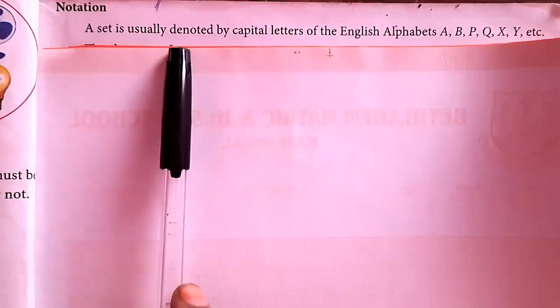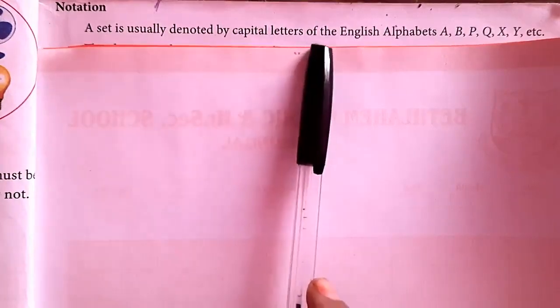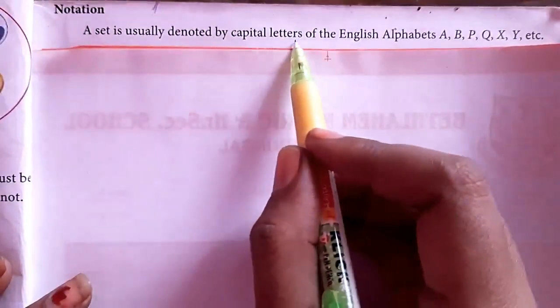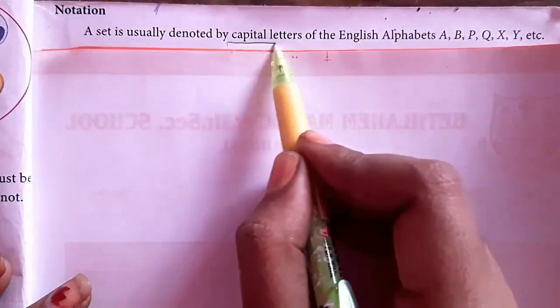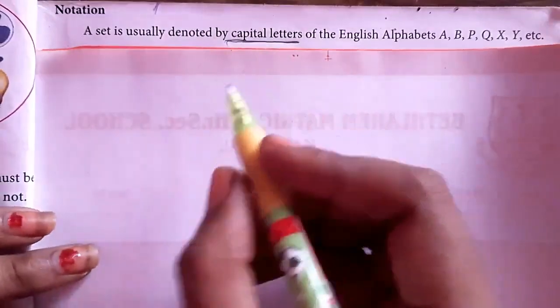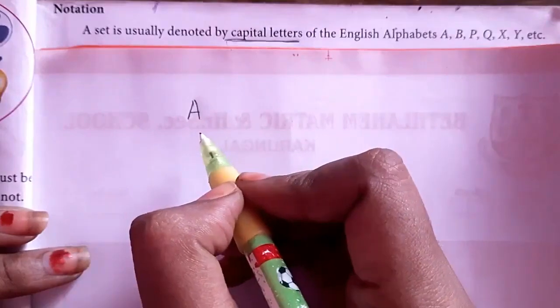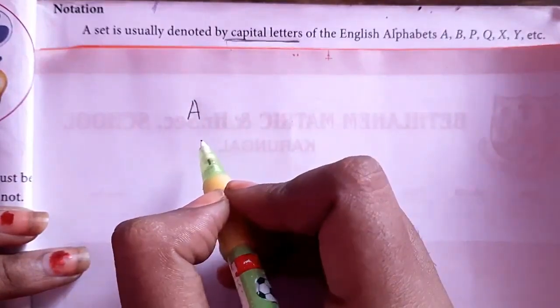A set is usually denoted by capital letters of the English alphabet, A, B, C, D, etc., up to Z. In English alphabets you have 26 letters, but you have to use only English capital letters to name the set. For example, if I write A, we can say it is a set.